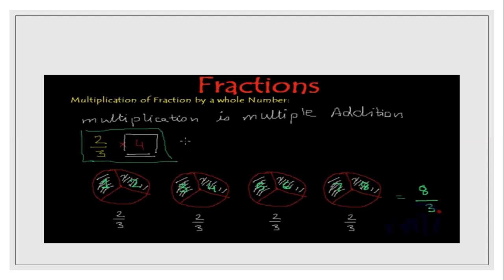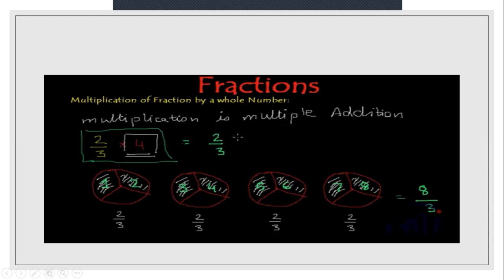And what does it actually mean? See, we had a fraction 2 by 3 and when we were multiplying it by 4, we are actually multiplying this 4 only to the numerator, right? When we have to multiply a fraction by a whole number, we are actually multiplying the whole number only to the numerator of the fraction.